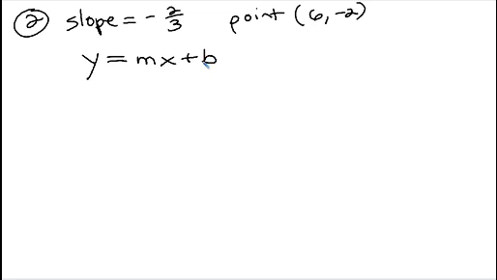And we're going to plug in all the information we do have. I have a y value of -2 equals a slope of -2/3 times an x value of 6 plus b.